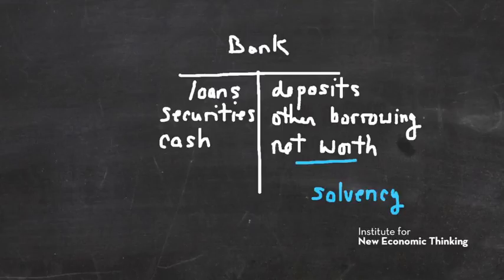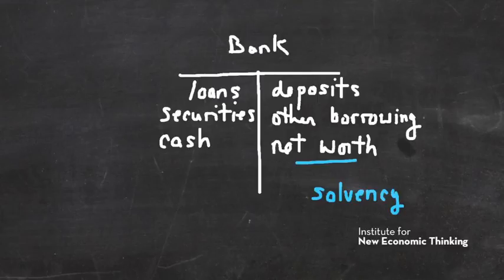Solvency just means, is the value of the assets greater than the value of the liabilities so that the net worth is greater than zero? This being a balancing item, is the net worth greater than zero? So this is about the market value of assets versus the market value of liabilities. A lot of the discussion about banking systems is about that.